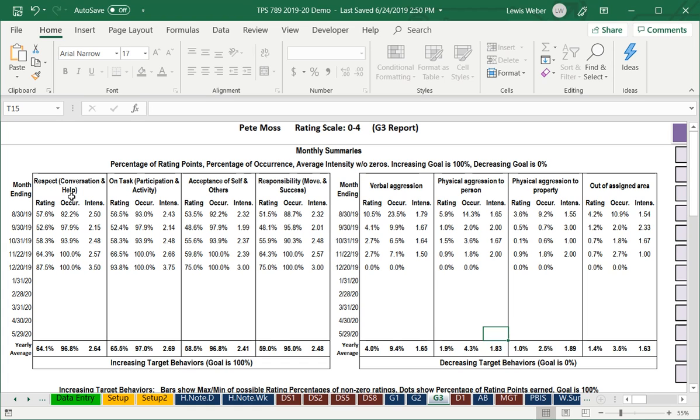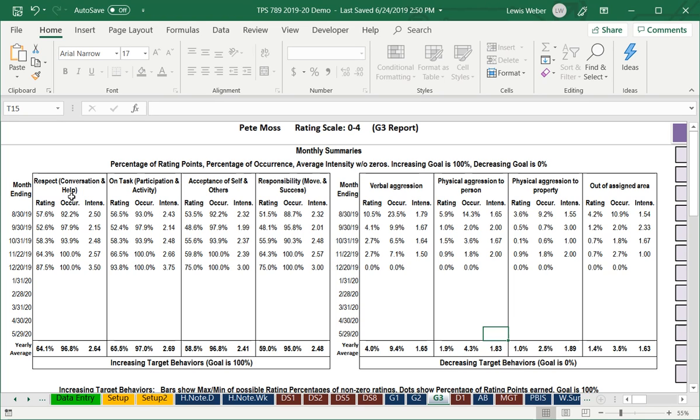Now with the increasing targets, these percentages tend to be rather high. The reason is that most of the time, a student is earning at least a 1. And because occurrence does not distinguish between a 1 and a 2 or a 3 or a 4, what we see is just a measure of it happened.